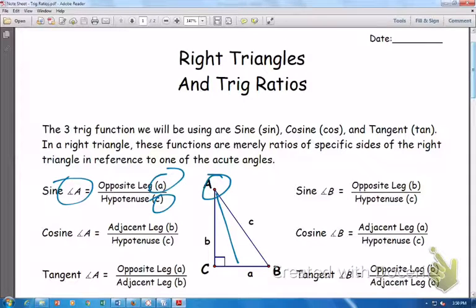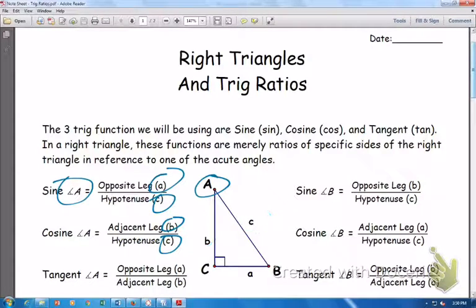Okay? That's the definition of sine, the opposite side over the hypotenuse. For angle A, the cosine is defined as the length of the adjacent leg. The adjacent leg is, of course, the leg touching angle A, so it's this one, compared to the length of the hypotenuse, so b over c. And then last but not least is tangent.